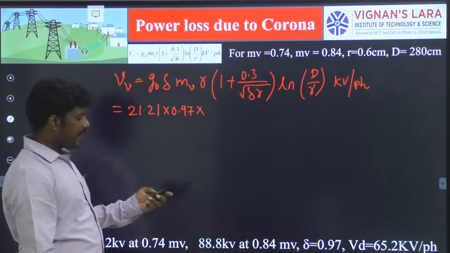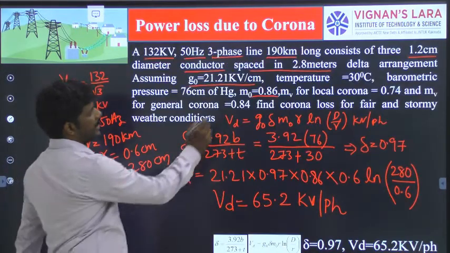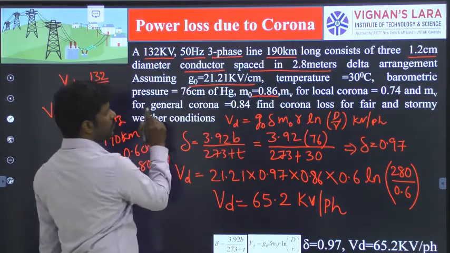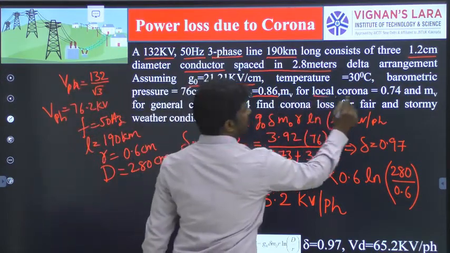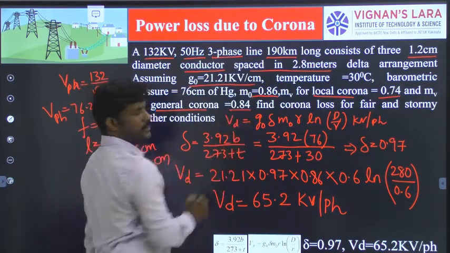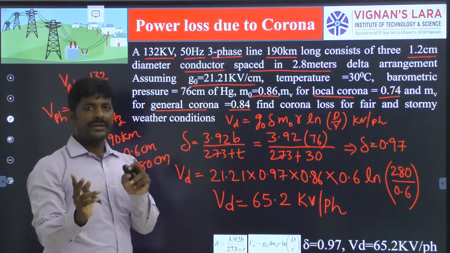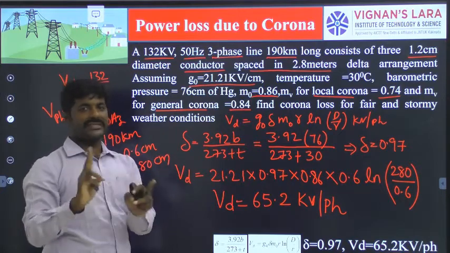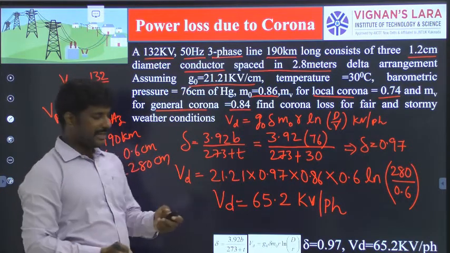As in the problem, we have observed that the MV should be taken in two case studies. For local corona it is 0.74, and for general corona it should be taken as 0.84. We have to calculate this VV in two cases, local corona and general corona.